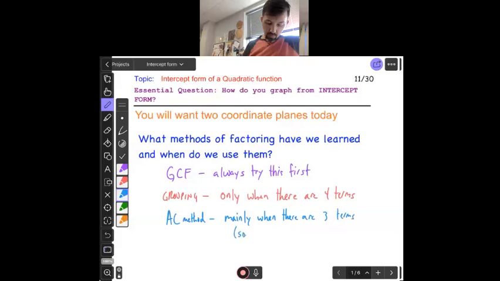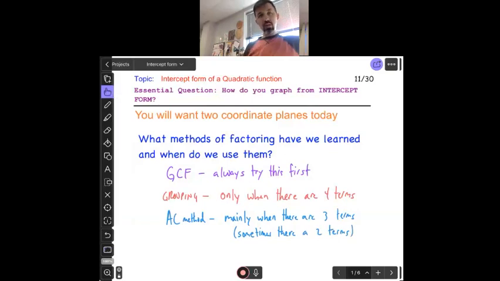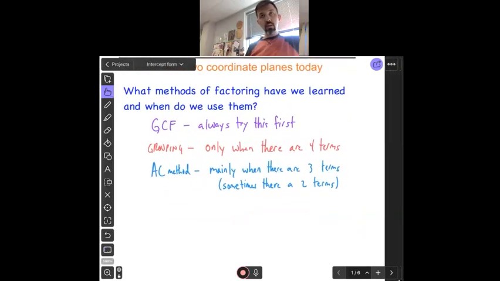Sometimes when there's 2. So why it's sometimes is because it matters which term is missing. So it's based around having 3 terms. We can take out one of the terms and it'd be okay.